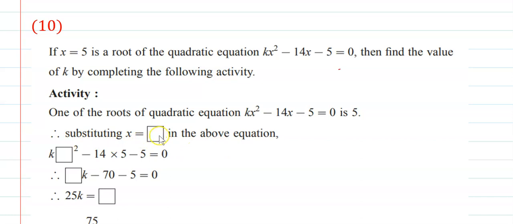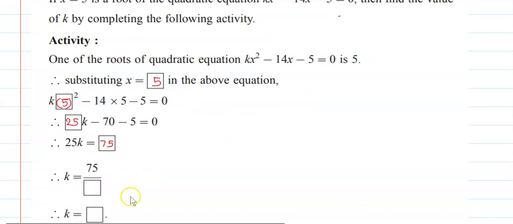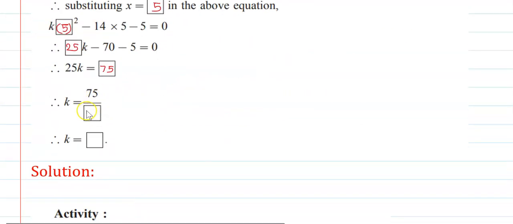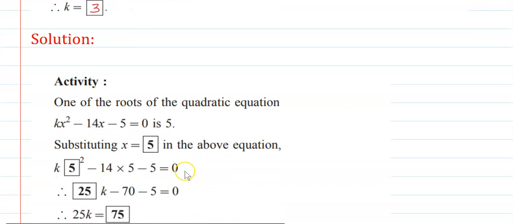Substituting x equal to 5 in our equation, you will get k into 5 square minus 14 into 5 minus 5 equals 0. Therefore, you will get 25k minus 70 minus 5, therefore 25k equals 75. Therefore, k is equal to 75 upon 25 and k is equal to 3. Now, here is the solution.